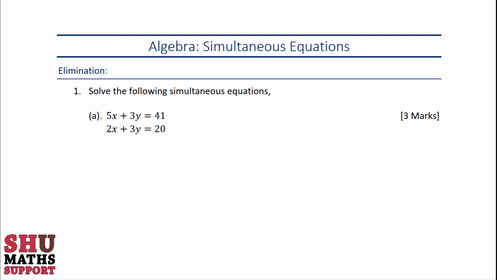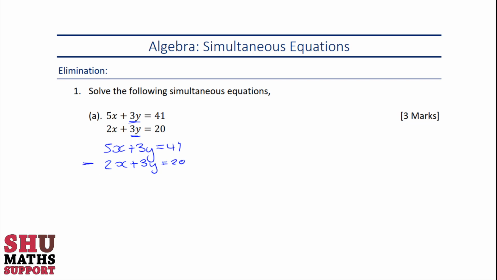Now the first set of equations are 5x plus 3y is equal to 41 and 2x plus 3y is equal to 20. The first thing to notice about these two equations is that the y coefficient is the same, which means we can eliminate y quite easily. If I rewrite the equations, we have 5x plus 3y is equal to 41 and 2x plus 3y is equal to 20.